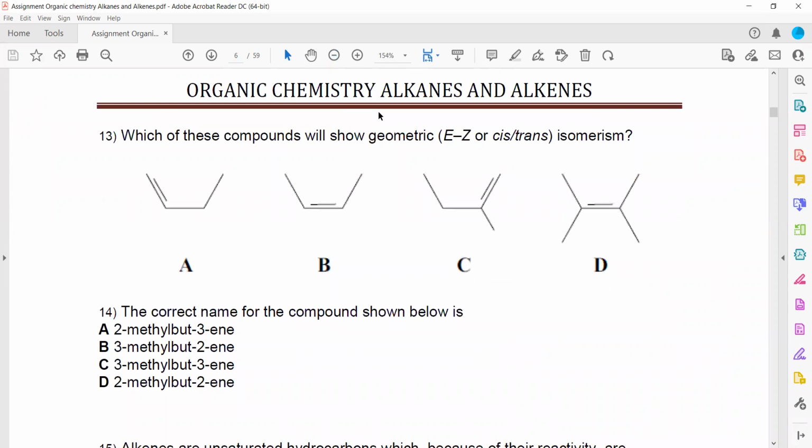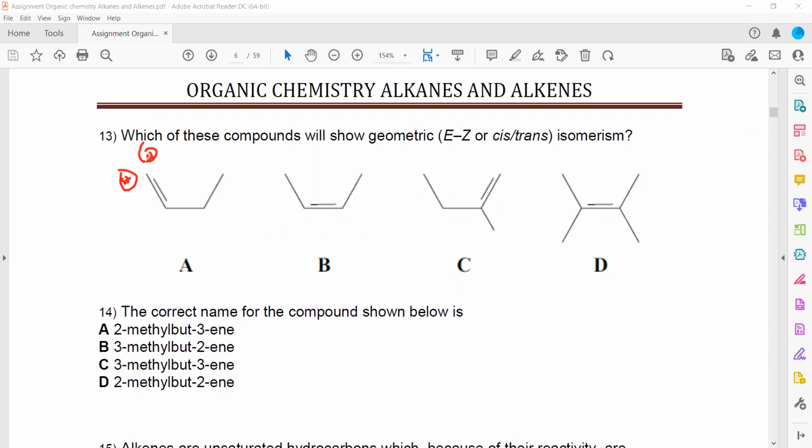Which of these compounds shows the geometrical isomer, Z or cis? So how do we identify it? If identical groups are attached to the carbon-carbon double bond, it cannot show a geometrical isomer because we cannot compare. If we see this carbon, it has 2 hydrogens, and one hydrogen here, one hydrogen here.